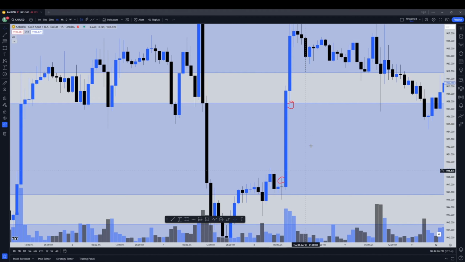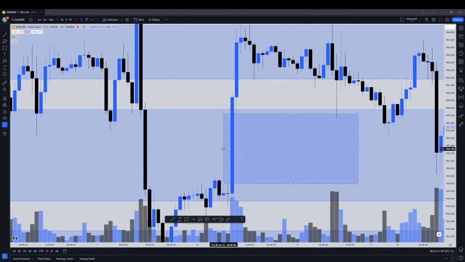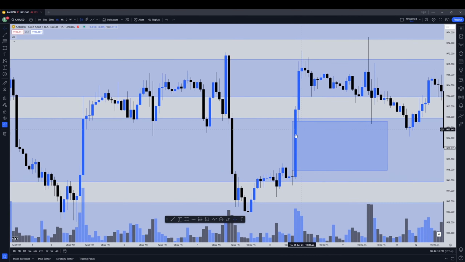We can draw the gap from the previous wick right here to the other previous wick, which stops right here. So this right here is going to be a fair value gap, okay? As you can see, the gap starts and ends where the 2 wicks are on the outside, and then the inner candle is the body of the gap.